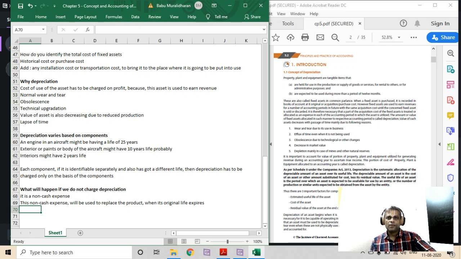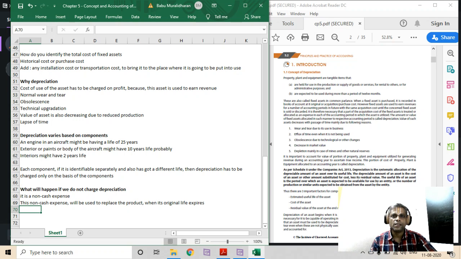When the aircraft is depreciated over a life, when the exterior aluminum body is depreciated over 10 years, the aluminum body has to be replaced. We cannot pour in more capital to replace the aluminum body. So the depreciation that has been charged over the period of time will be taken out and used to replace the aluminum body of the aircraft.